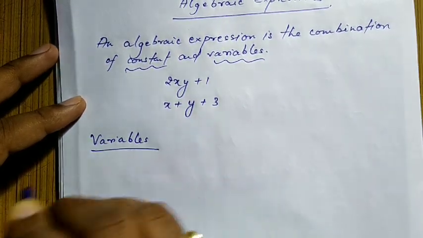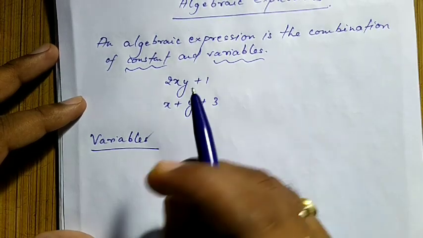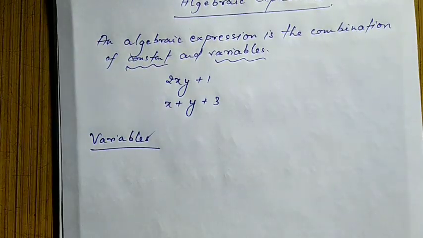Okay, what is a variable? Variable means which can vary. Or which is able to vary, that is called variables. So its value is not fixed.